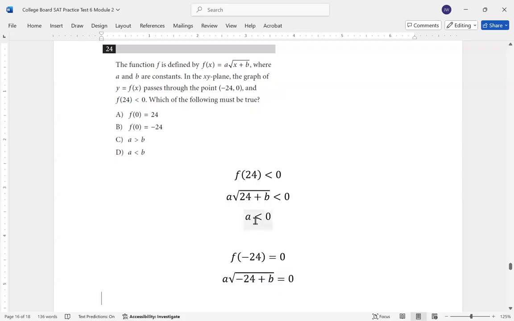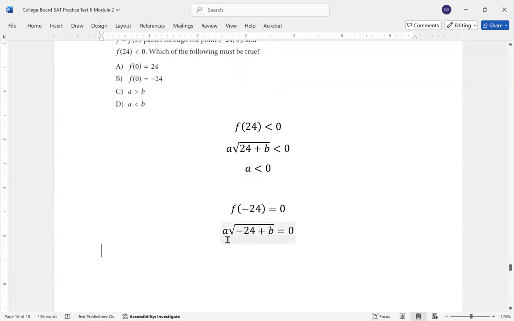Now, since a is negative, I can safely divide both sides of this equation by a, and that gives me that the square root of negative 24 plus b is equal to 0. Squaring both sides gives me negative 24 plus b is equal to 0. And that means b is 24.